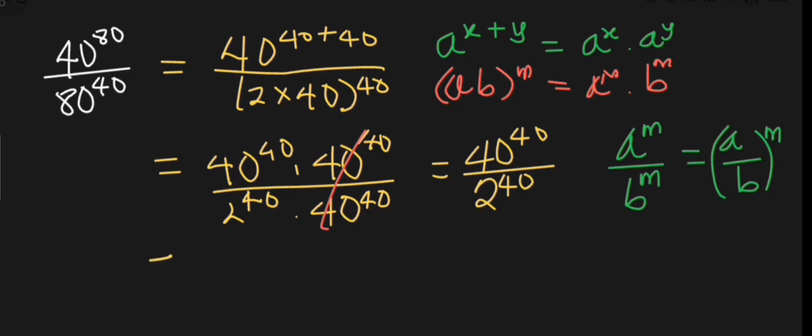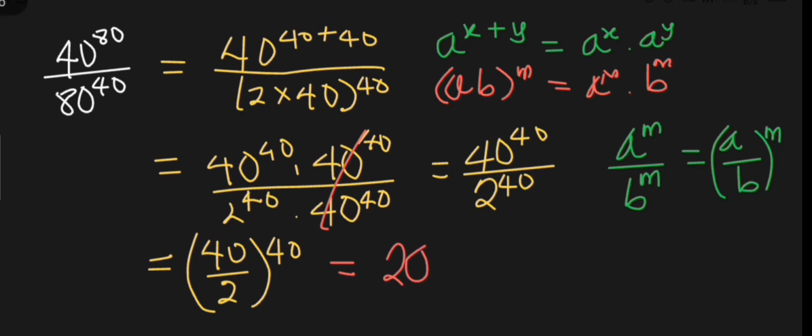Then 40 to the power of 40 over 2 to the power of 40 becomes 40 over 2 to the power of 40, where 40 divided by 2 is 20. So the final answer is 20 to the power of 40.